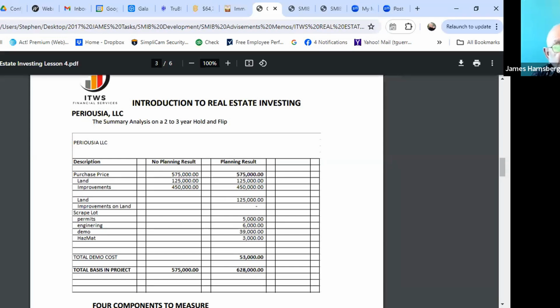Now we've got a vacant lot that a builder can build 14 units on. And by the way, when those 14 units are built, they're going to be worth $575,000 per unit times 14 units.